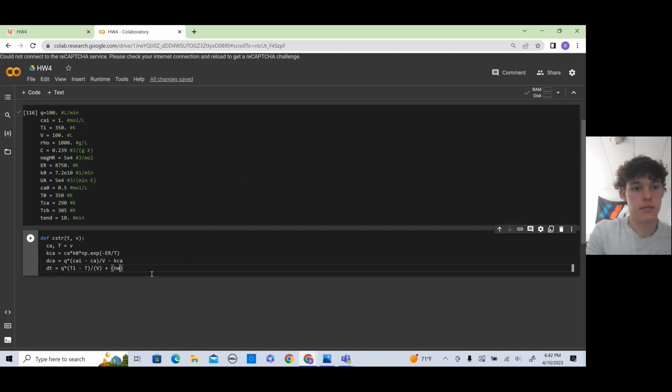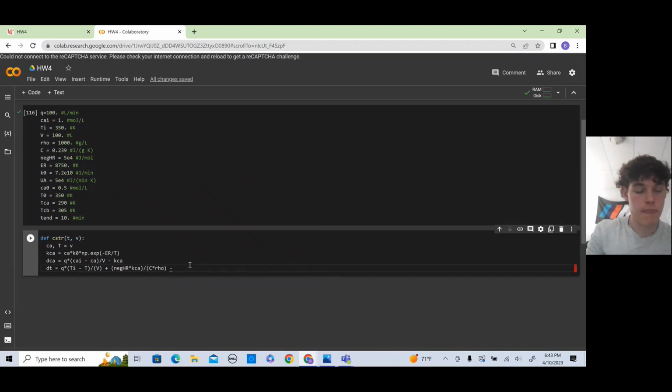So our negative heat of reaction times our KCA again, which was divided by volume in this instance. So this would be divided by our C times our rho.